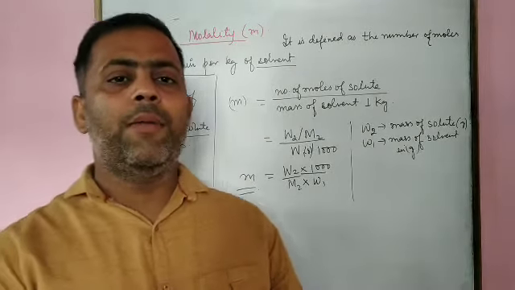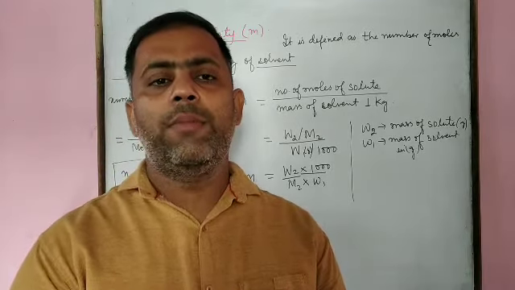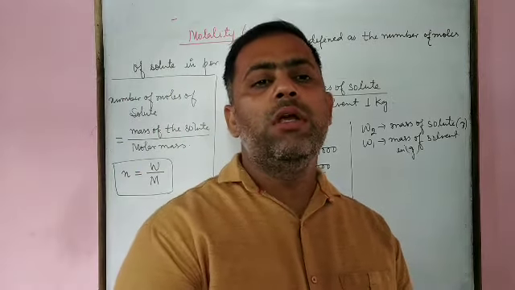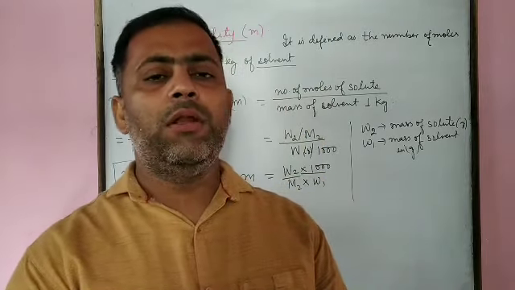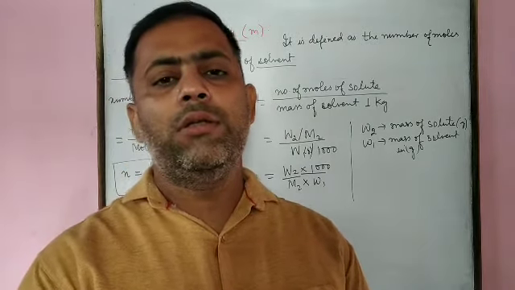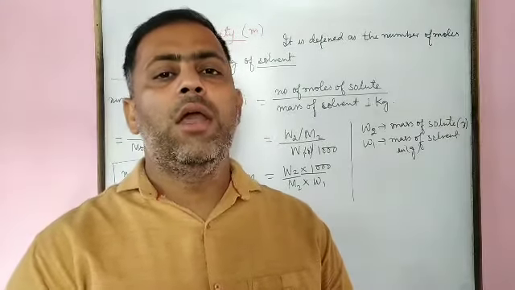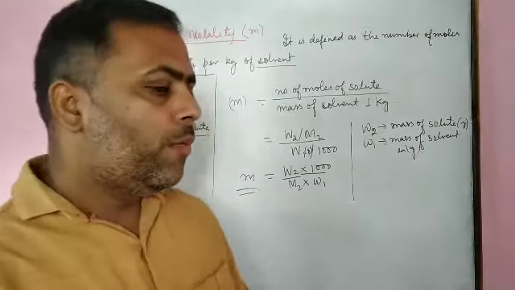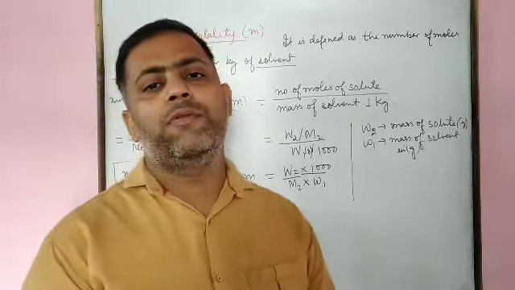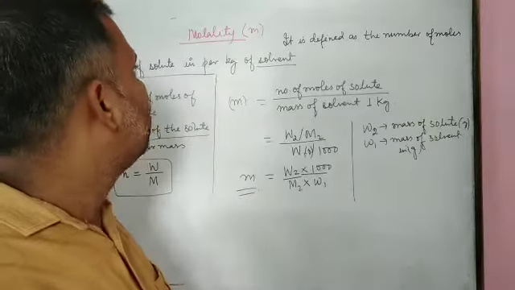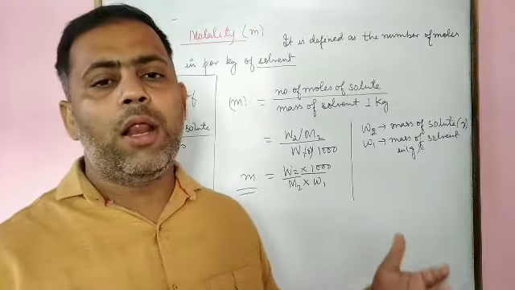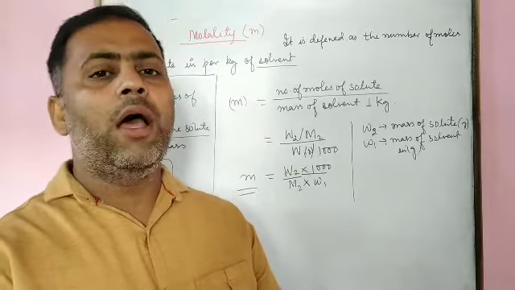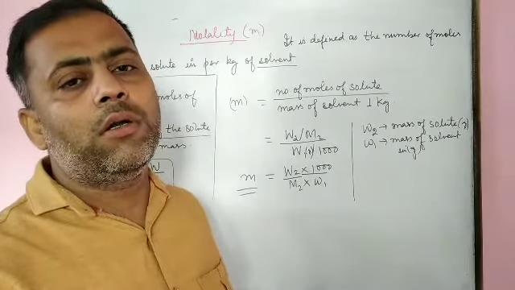It is represented by mass percentage, mass by volume percentage, volume percentage, parts per million, mole fraction, molarity, molality and normality. But in this class we have discussed few of them, that is molarity, mole fraction and mass percentage, which will help you to determine the concentration of solute in a solvent.